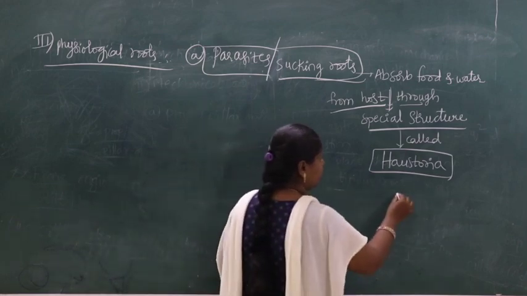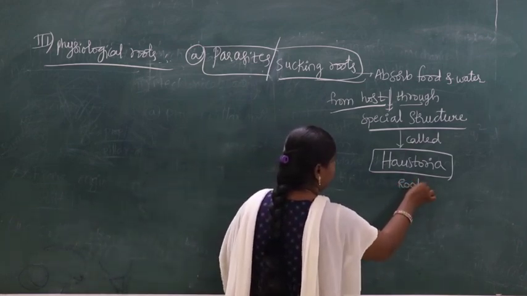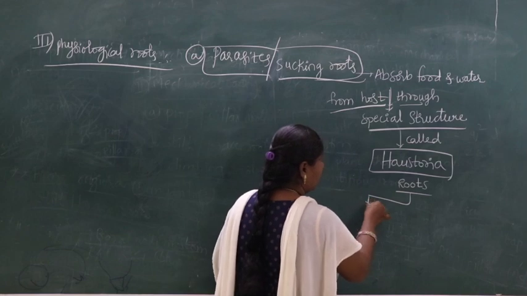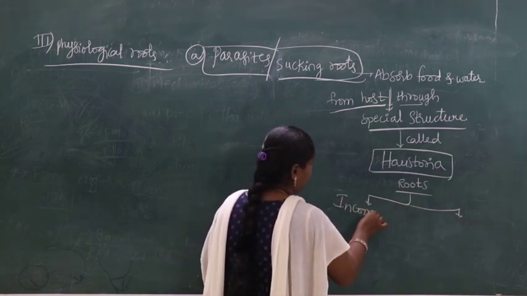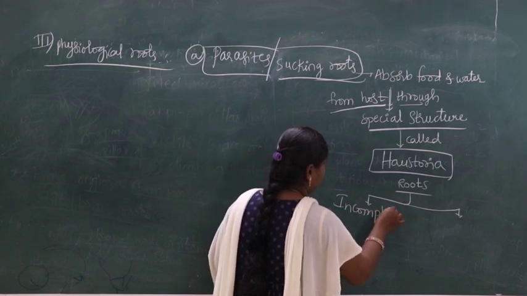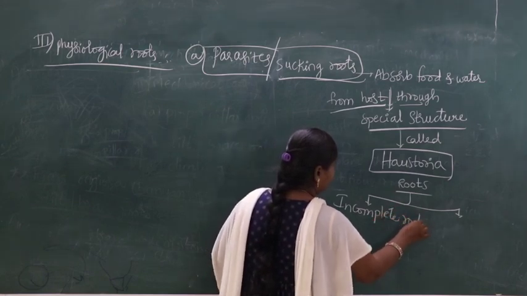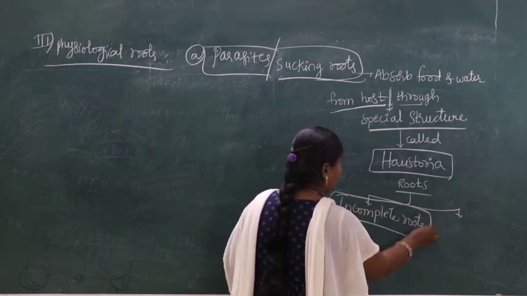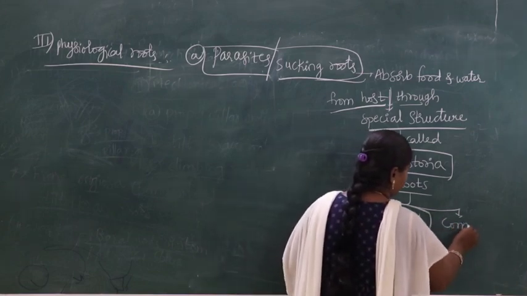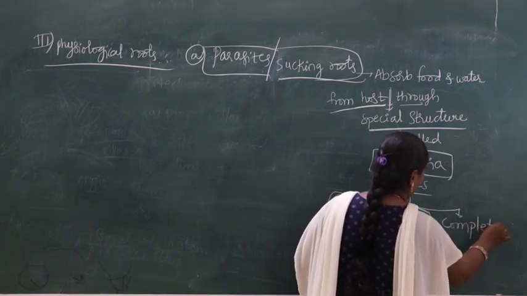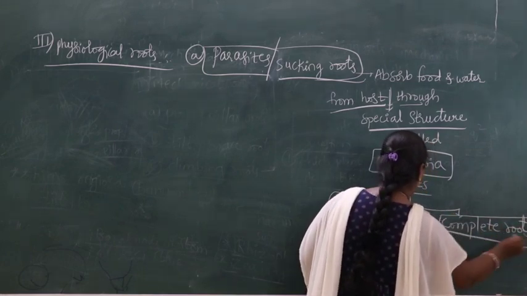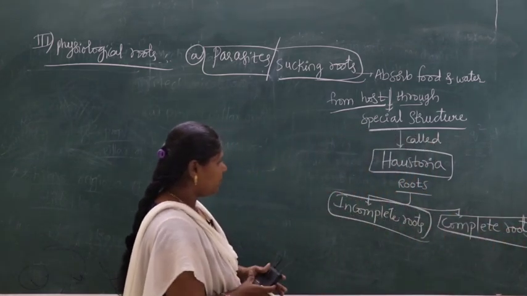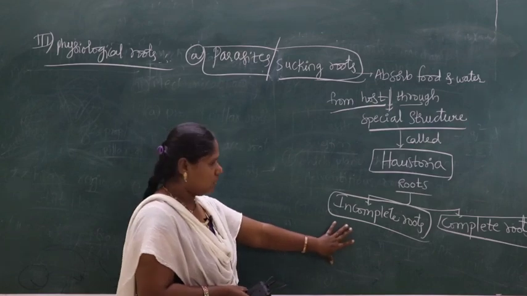In this case, the roots are of two types: incomplete roots and complete roots. What is the meaning of incomplete root here?